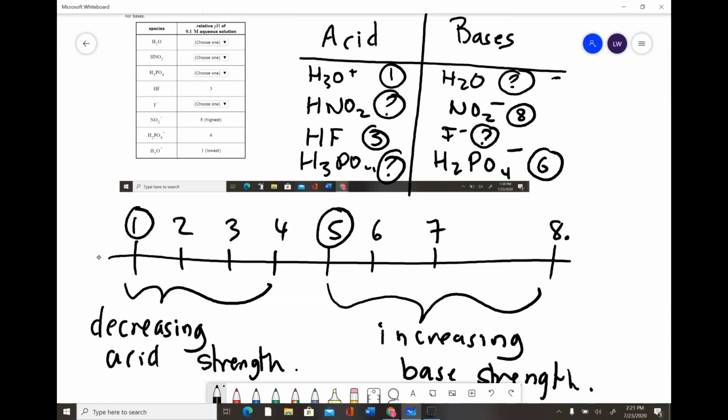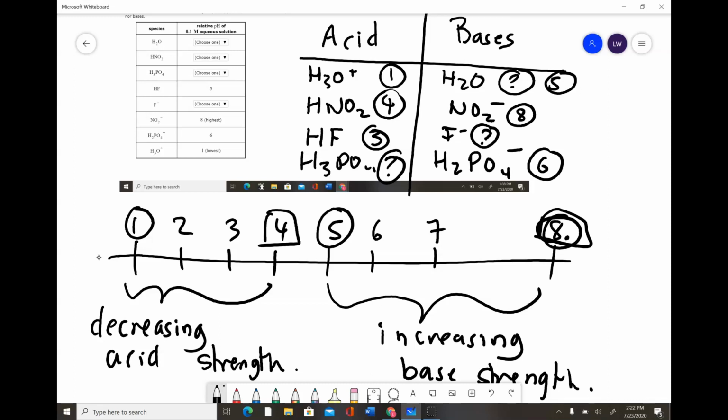So that one must be number 5. Number 8 is our strongest base. So that means that its conjugate must be the weakest acid. So that one has got to be number 4.